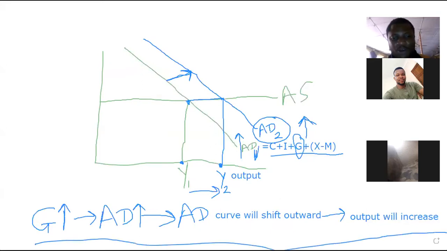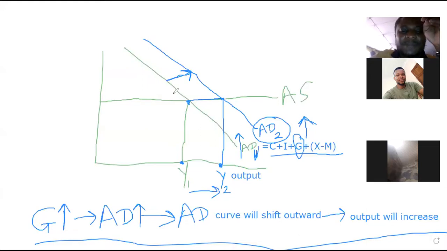So in the exam, if you hear that government expenditure increases, does this result in the aggregate demand curve increasing, declining, or remaining unchanged? You know the answer. The answer is the aggregate demand curve will increase. Simple. So once government expenditure increases, aggregate demand will increase.